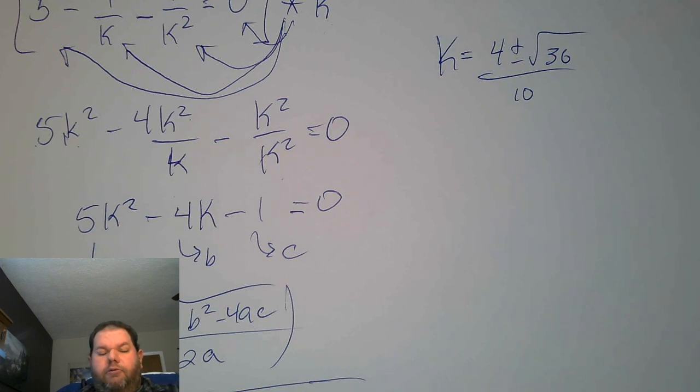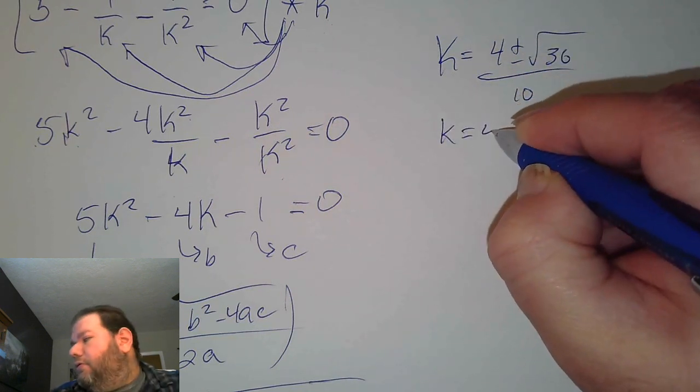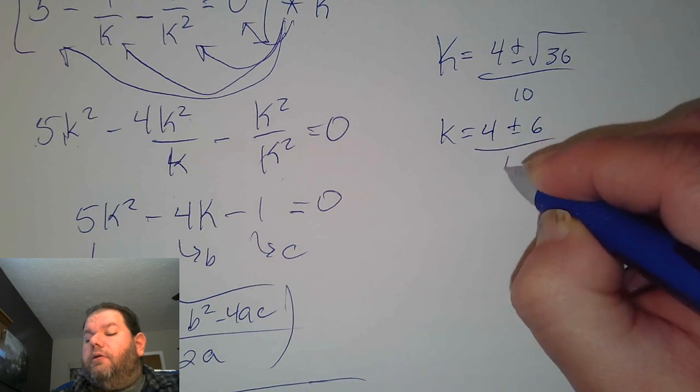Can we take the square root of 36? And it turns out, yes, square root of 36 is a 6.